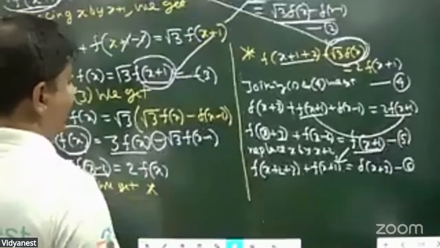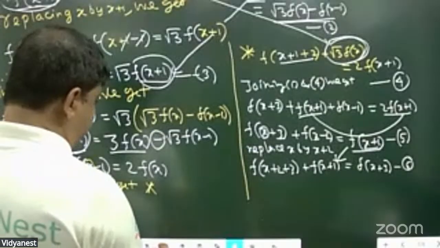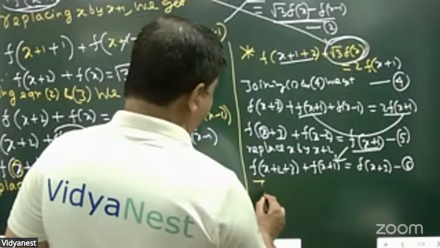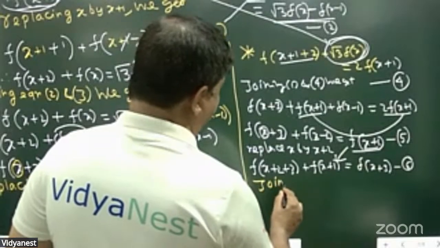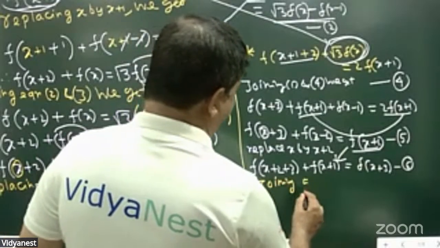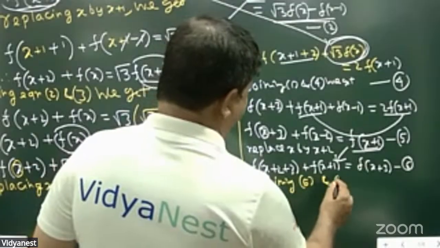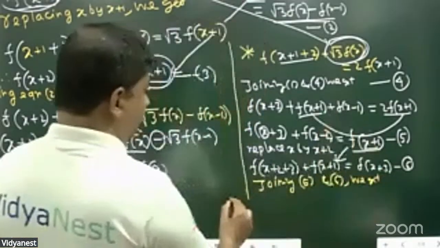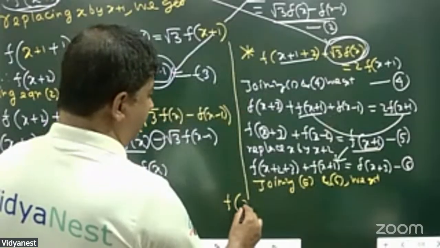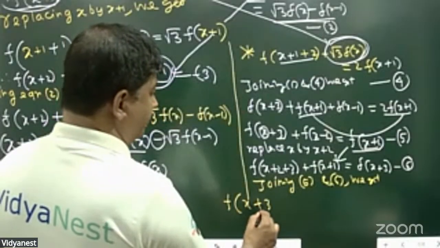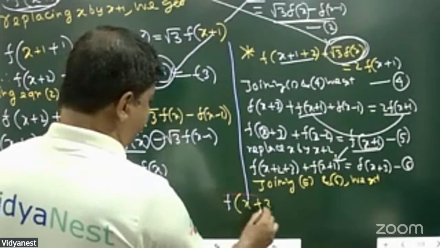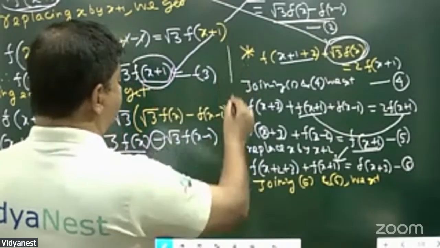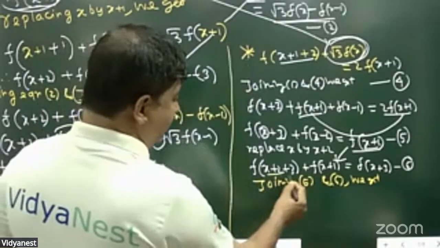And what can I write? Joining 5 and 6, we get f(x plus 3), sorry, f(x plus 5), this is.